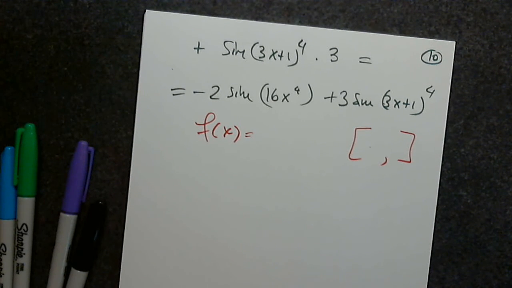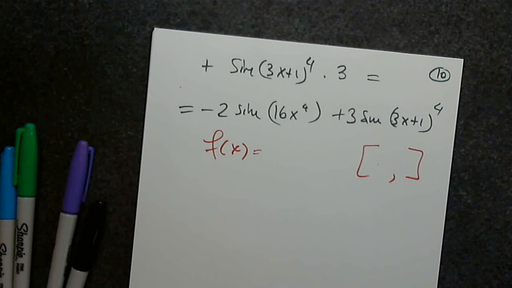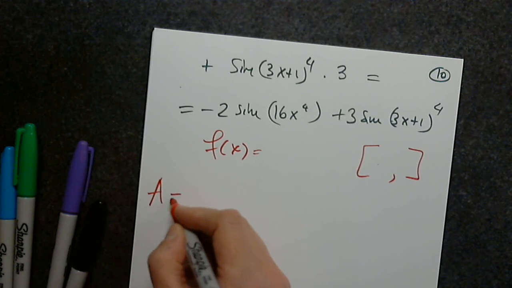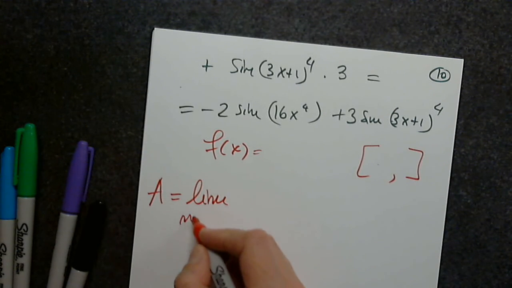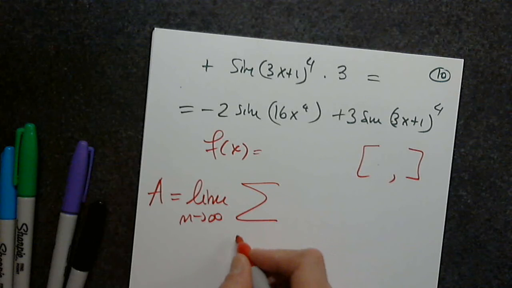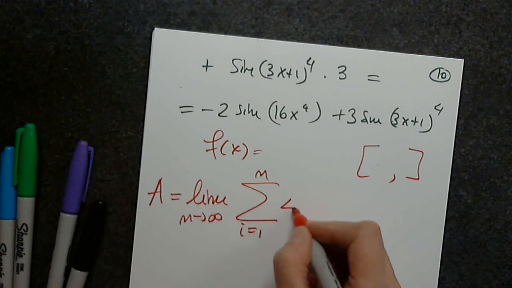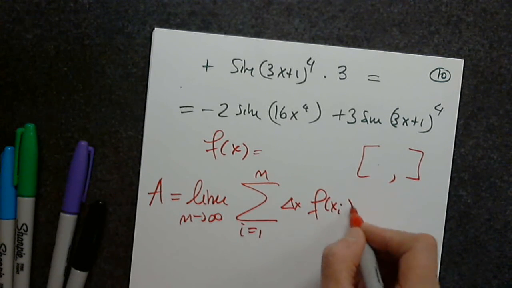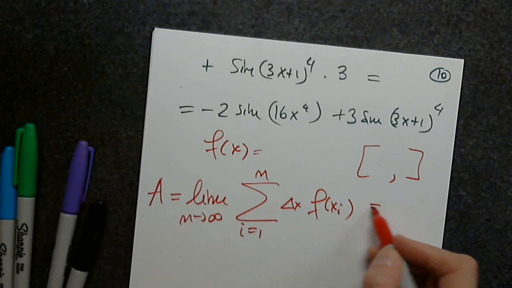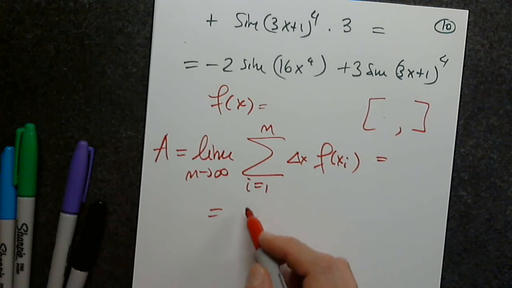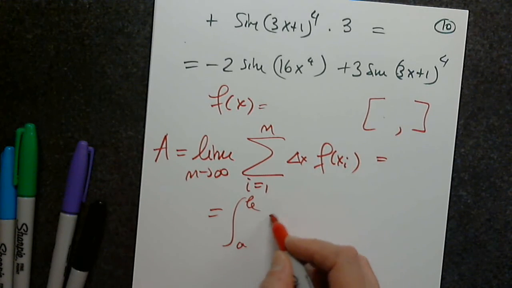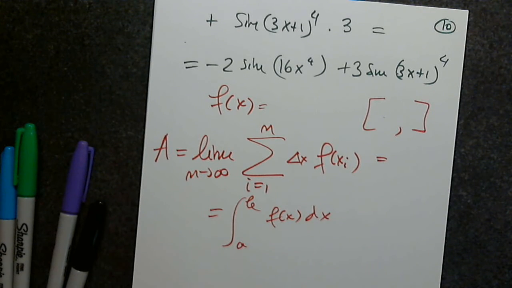And we will determine the area as the limit as n approaches infinity of the sum from i equals 1 through n of delta x times f of x_i. And we will also determine it to check, the integral from a to b of f of x dx. So we need to choose a function, linear, quadratic, cubic, and we need to choose an interval.